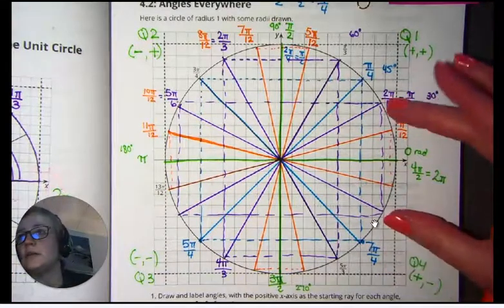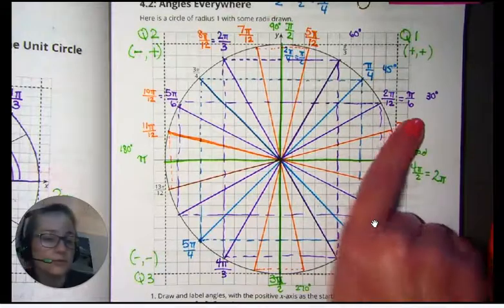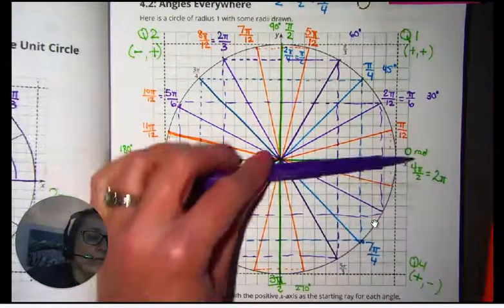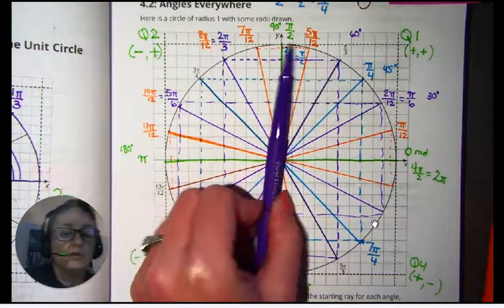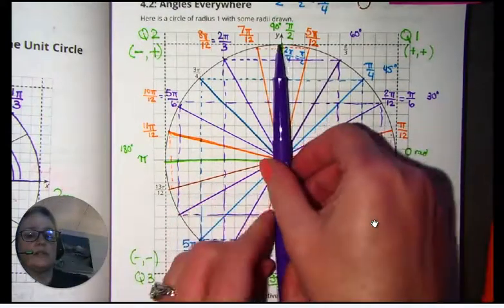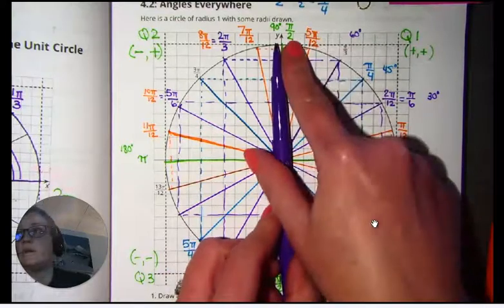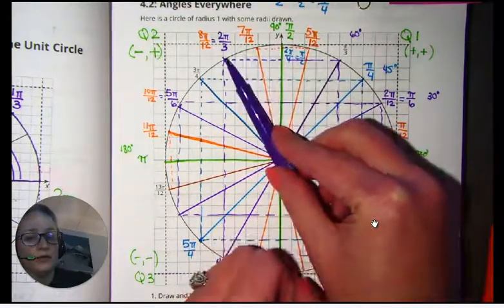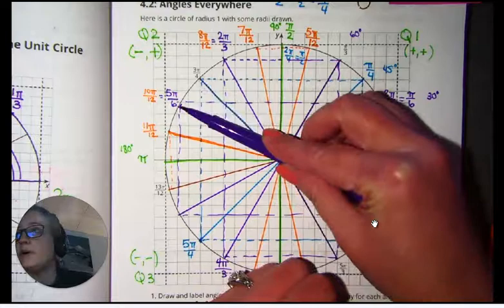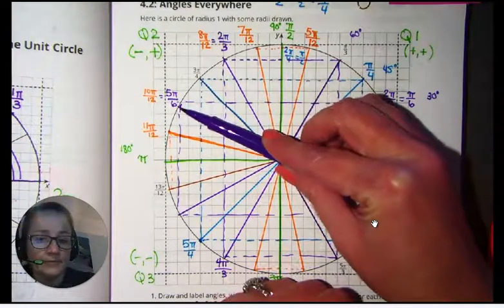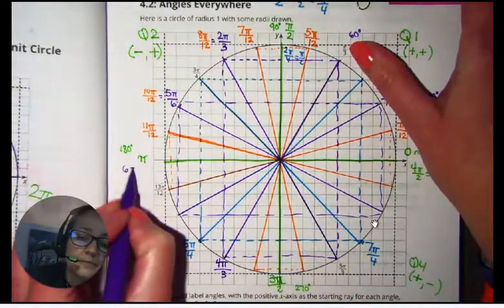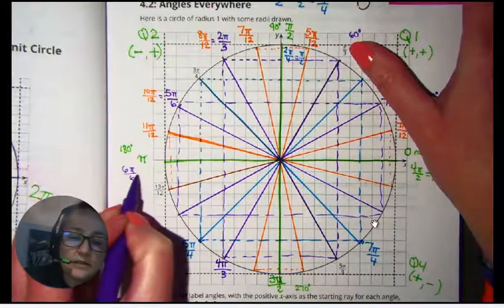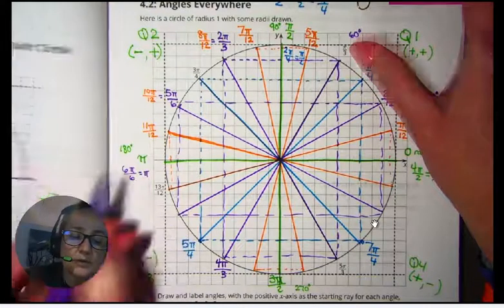And now we can start making some connections across here, because this was 1 pi over 6, 2 pi over 6, 3 pi over 6, but 3 divided by 6 is half, so that's why we have pi over 2. 4 pi over 6, 5 pi over 6, right? Even here would be 6 pi over 6, but 6 over 6 is the same as 1, so that would just equal pi.